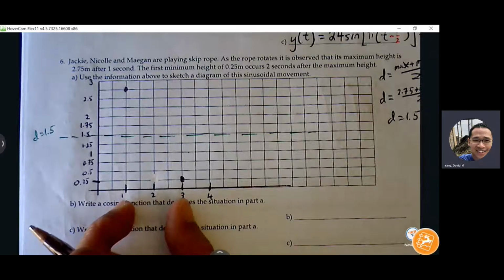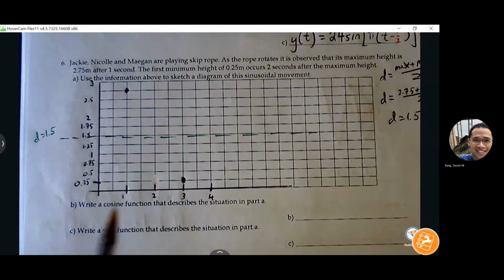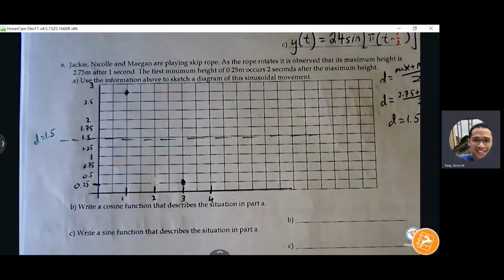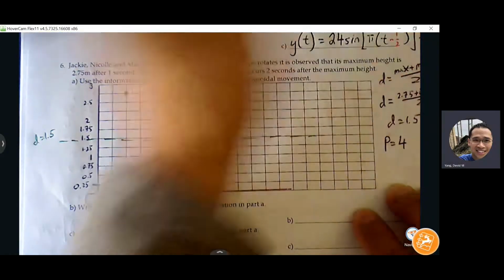So we know that our period is going to be 4 seconds, right? All right, so my period is 4.